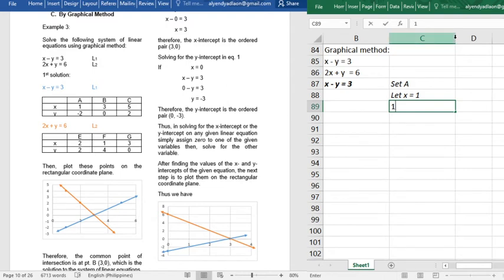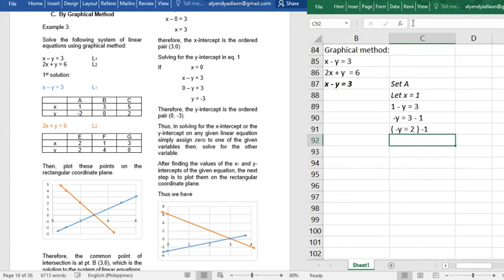So x is 1 minus y equals 3. Negative y equals 3 minus 1, that is 2. Now take note that again, we have to make our negative y positive. To make it positive, we will multiply both sides by negative 1.